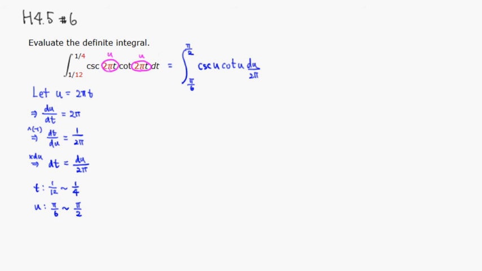So we can put the 1 over 2 pi in front, then the integral from pi over 6 to pi over 2 of cosecant of u, cotangent of u, du.